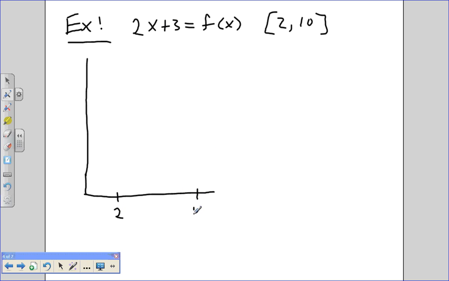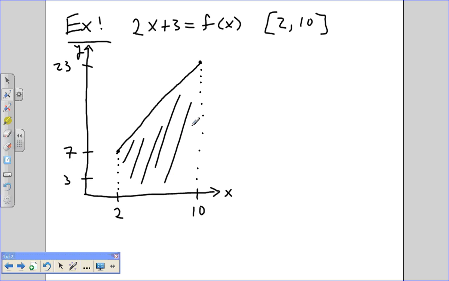Here's 3. If you plug in a 2, you get 7. And if you plug in 10, you get 23. It's right there. And so what we were calculating was the area under the curve.